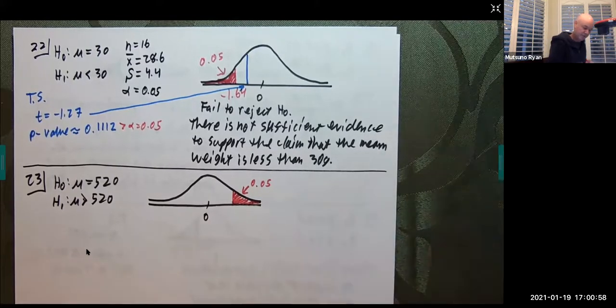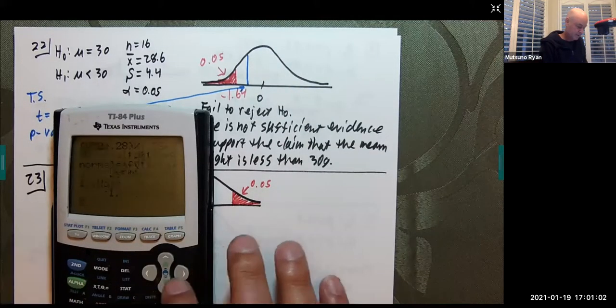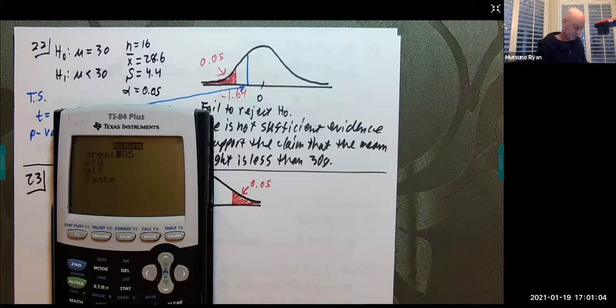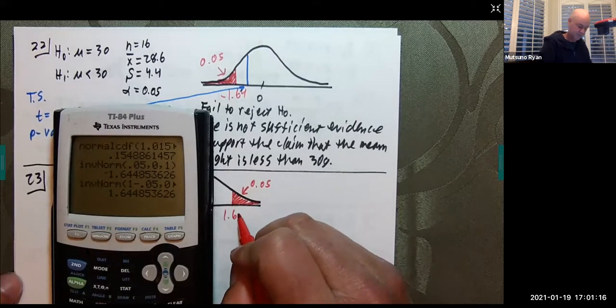And to find that critical value, I'm going to do inverse norm. Remember, it's area to the left, so it's going to be 1 minus 0.05. Making our critical value a positive 1.64, and you can see that that's the positive version of that.